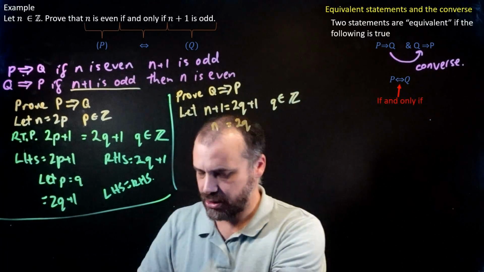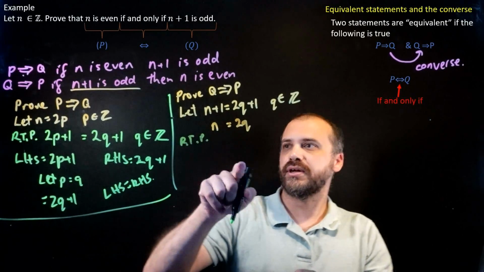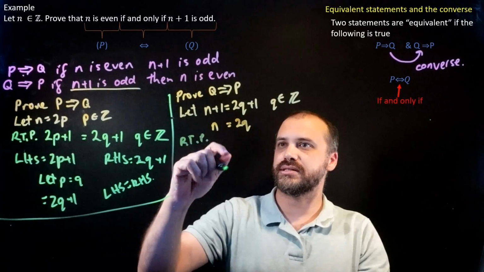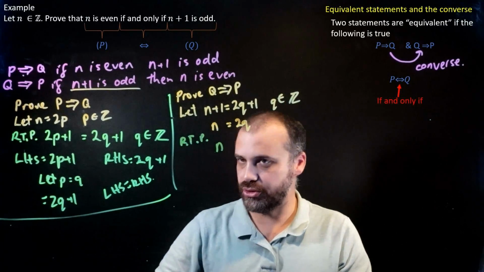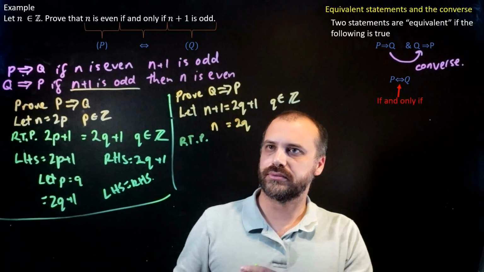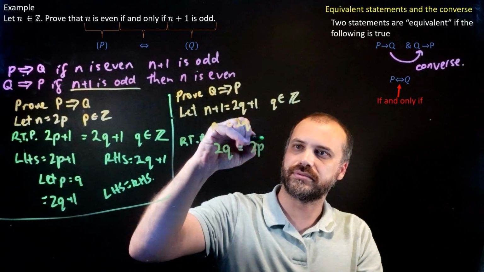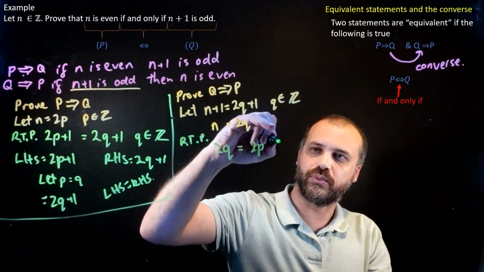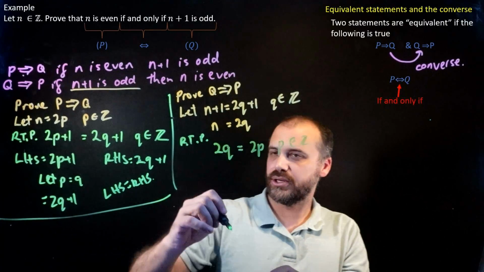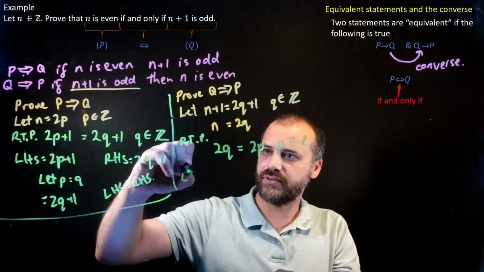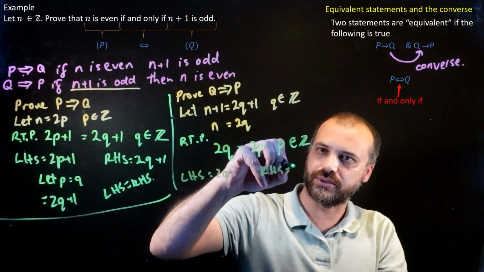Okay. And now we write down what we're required to prove. We are required to prove that n, which is 2q, is even. Once again, this is trivially easy to prove because we can now say that left-hand side equals 2q, right-hand side equals 2p.